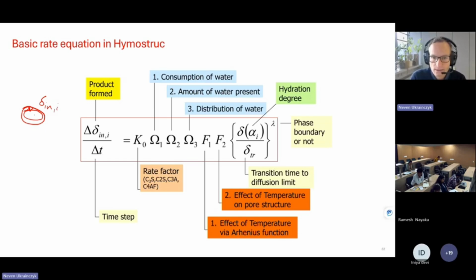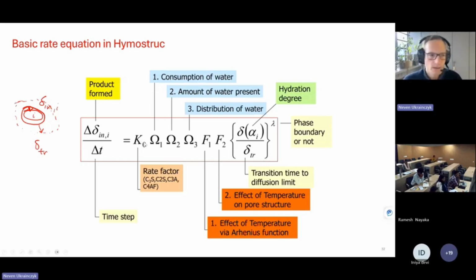So this is now particle i, let's say, and then you have the outer shell. When you reach a certain thickness of the outer shell, this threshold, then you enter the diffusion mode, because there is a certain thickness of the shell that then starts the diffusion, and you define this thickness here. So this is the transition time to diffusion limit. Basically you transition from the solution into the diffusion limit.